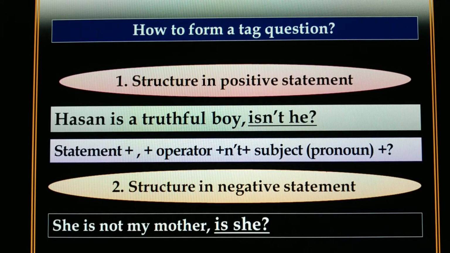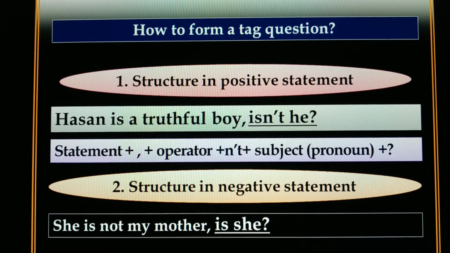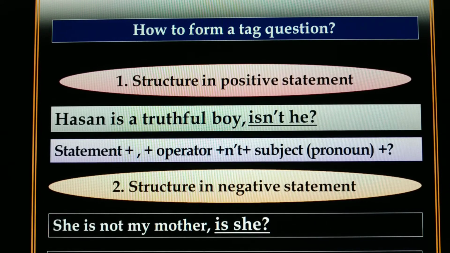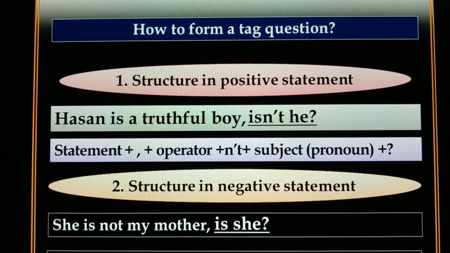Here the sentence is negative, so our tag question will be in positive form. So: statement plus operator plus subject plus question mark. This is the formation of a tag question.